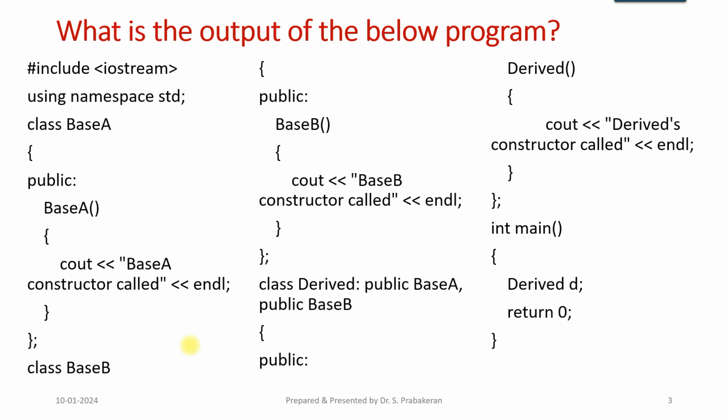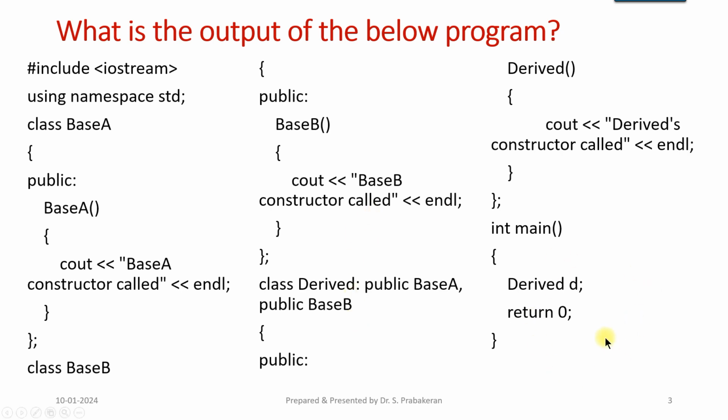Now first understand what classes are involved. As I already said, we have Base A with a constructor that prints "Base A constructor", and Base B has a constructor that prints "Base B constructor", and Derived inherits from both Base A and Base B. So when it comes to the call sequence, when an object of Derived is created, both the Base A and Base B constructors are called before the Derived constructor.